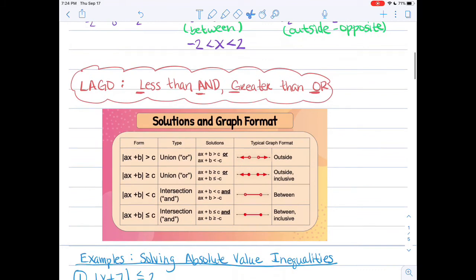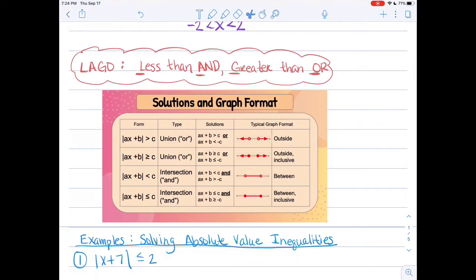This little graphic here is included in your Pear Deck, but I wanted to put it here too. This is a summary of what we're looking at. For a greater than symbol and a greater than or equal to symbol, that's going to be an or case. So we have ax plus b greater than c, or ax plus b is less than negative c. And then a similar thing with the or equal to case.